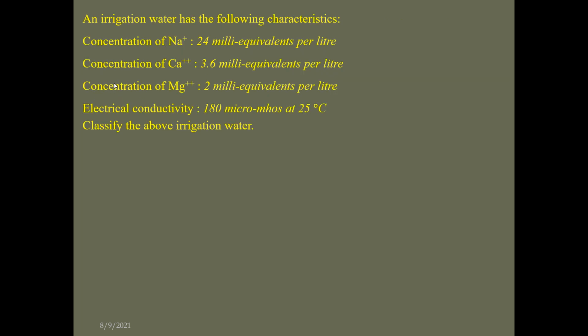Now in this question, the concentrations of sodium, calcium and magnesium are given and electrical conductivity is also given. So we need to classify this irrigation water. First of all, we need to calculate SAR. SAR is equal to sodium, that is 24, divided by root over the summation of calcium and magnesium, that is 3.6 plus 2, divided by 2.